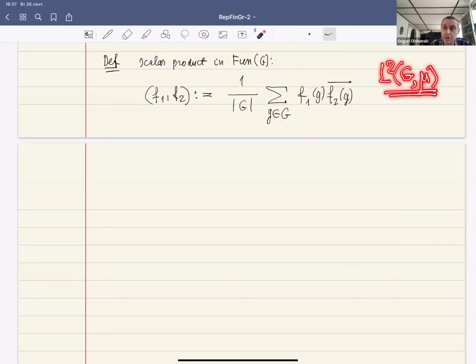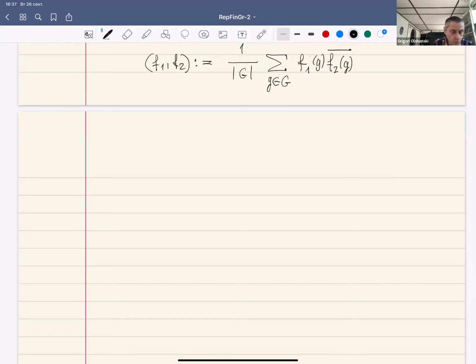What is this measure? This is the so-called uniform distribution, which assigns to any element small g the weight equal to 1 over the order of the group. So it's a probability measure, and because of this fact, it's reasonable and natural to introduce this factor. But formally, this is just an agreement. Okay?